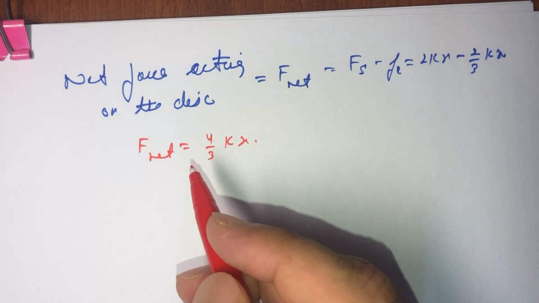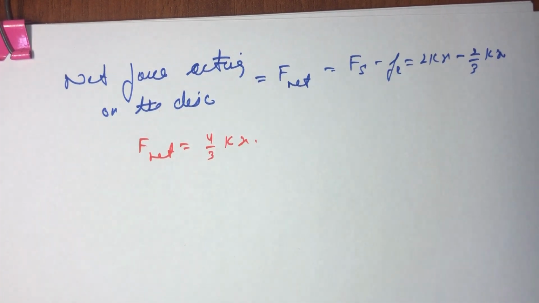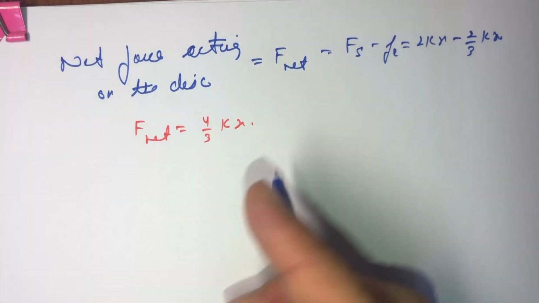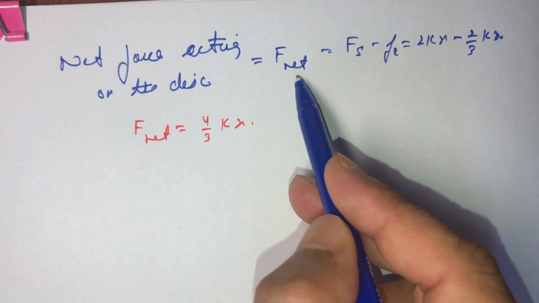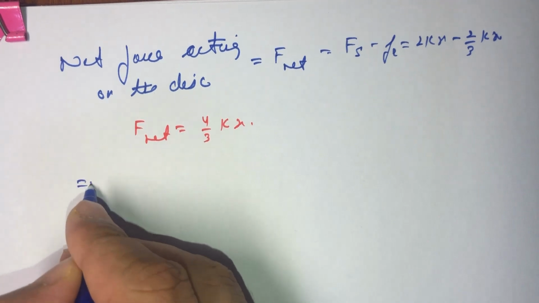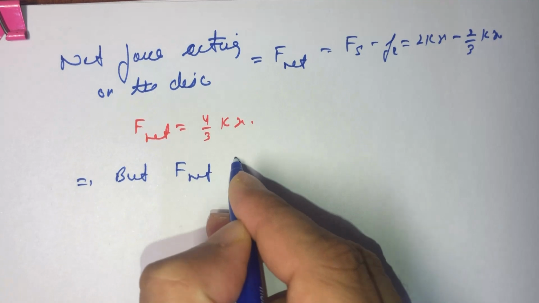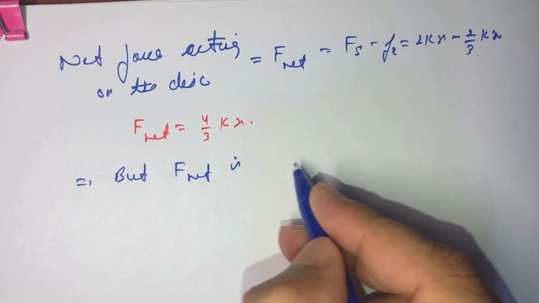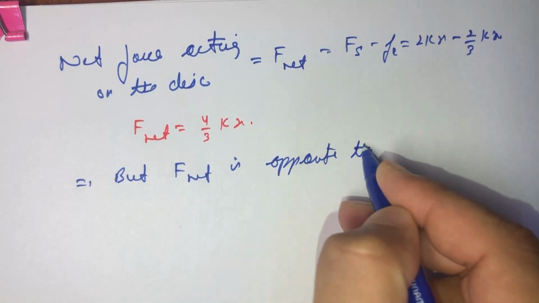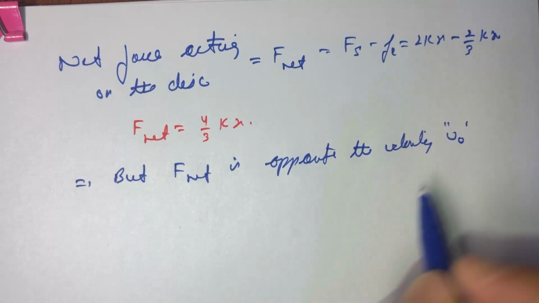But we can see from the figure that the net force is opposite to the velocity v naught.